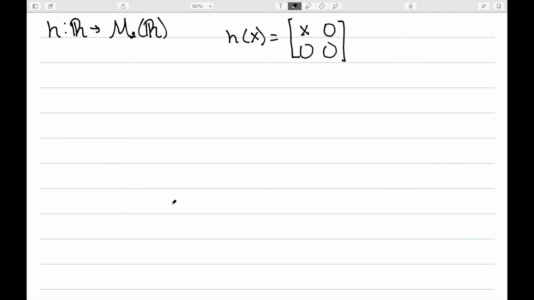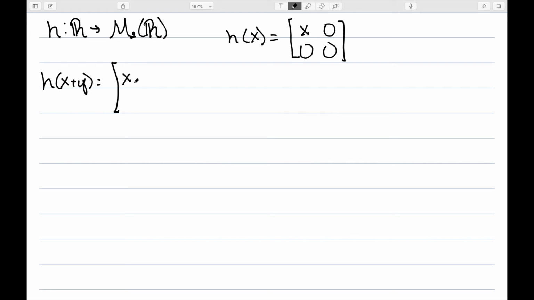We can also extend this idea of homomorphisms to isomorphisms. Let h be a function from the real numbers to the set of all 2x2 matrices with real entries, defined as h of x equal to the matrix [x, 0; 0, 0]. I want to start by showing this is a homomorphism. So let's consider h of x plus y.